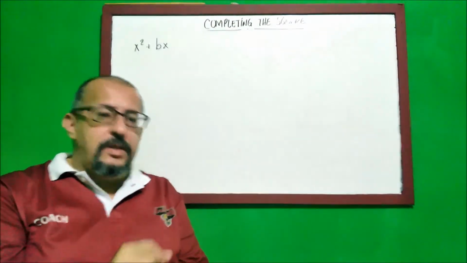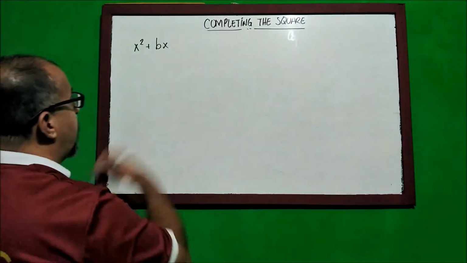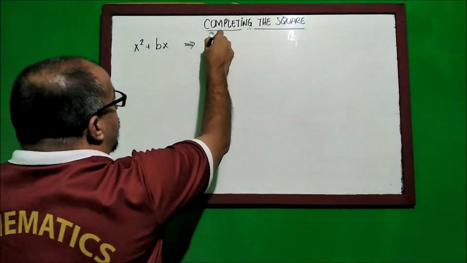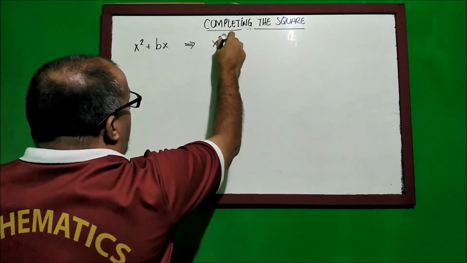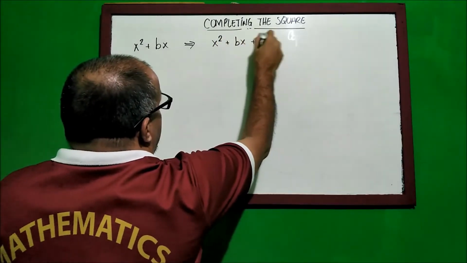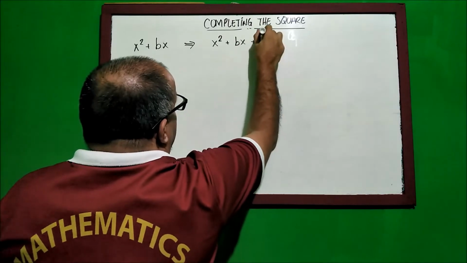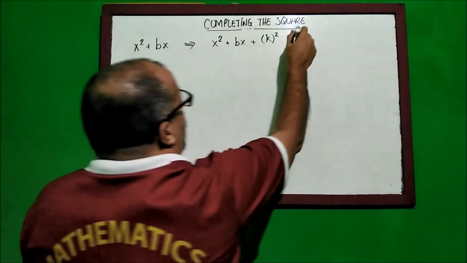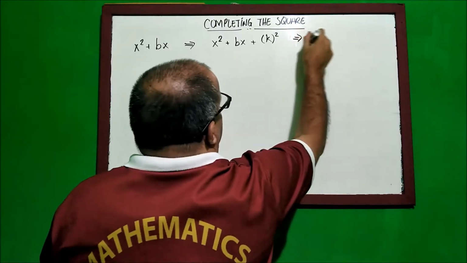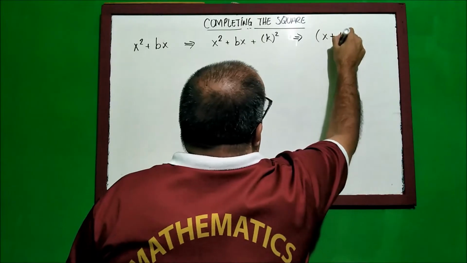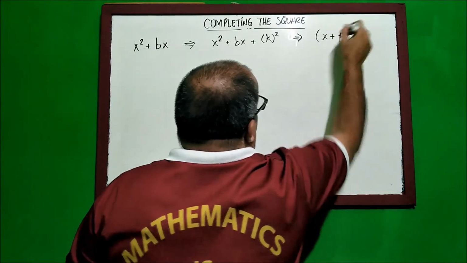So the main objective that we're going to have in here is to transform this expression into something that is going to become a perfect square trinomial. So the element in here, this letter K, will be a square, and then we could factor this as a perfect square trinomial with this format.